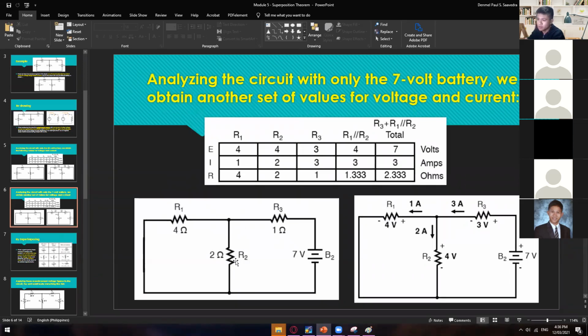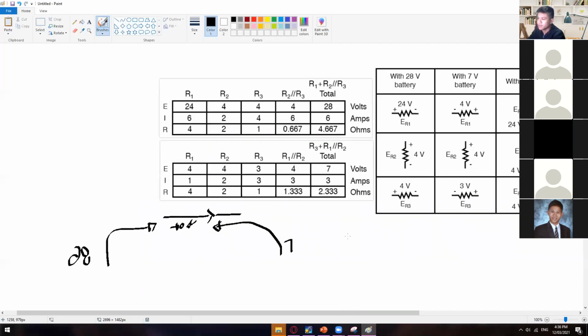So both of them will go down with this branch or with this node. That is why the current will be added with each other. So are we clear so far on how we got this I2 or IR2? Yes, sir. Okay, very good.